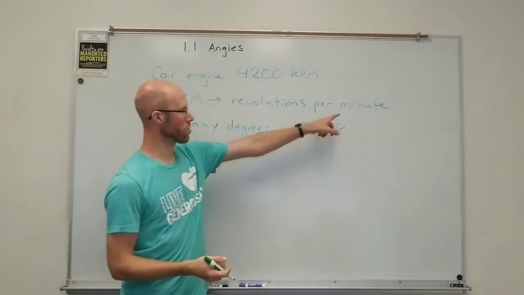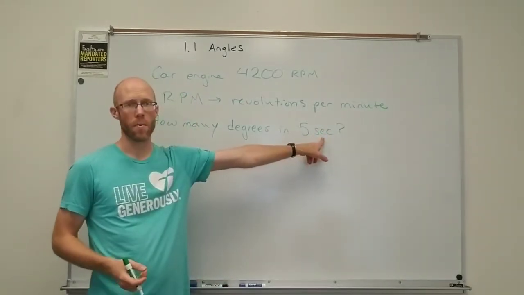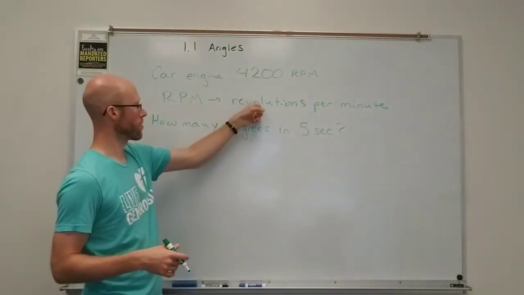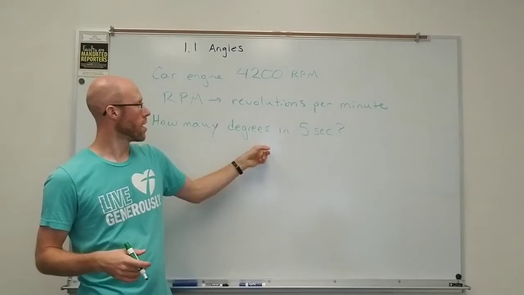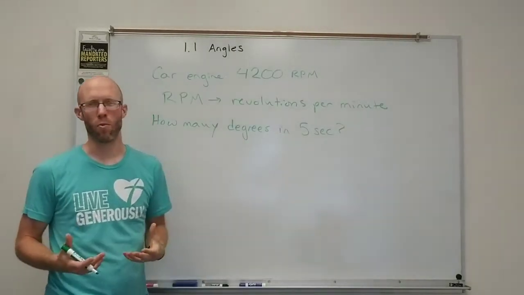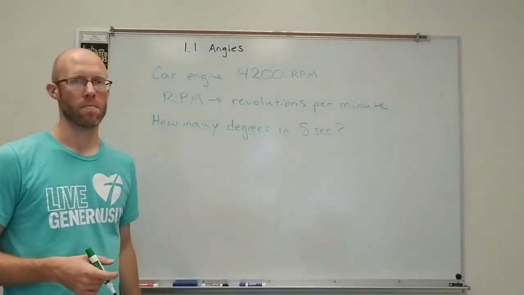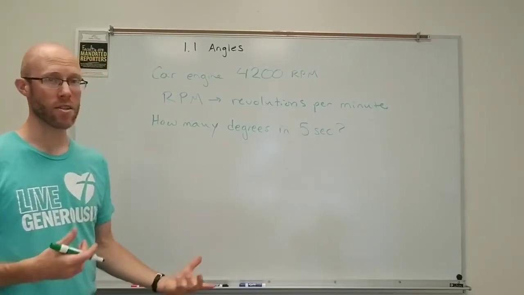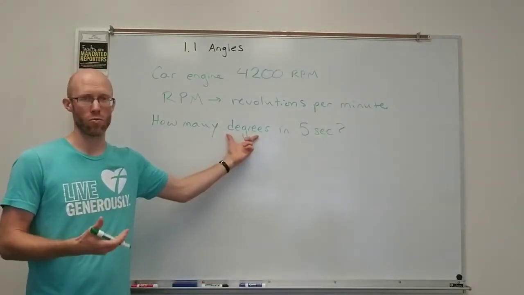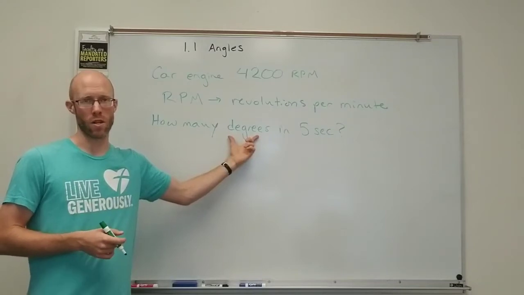We first need to do a conversion from minutes to seconds. We also need to do a conversion from revolutions to degrees. So there's quite a bit of work involved here. And the final answer is going to be just in degrees. It's not actually going to have a rate associated to it.